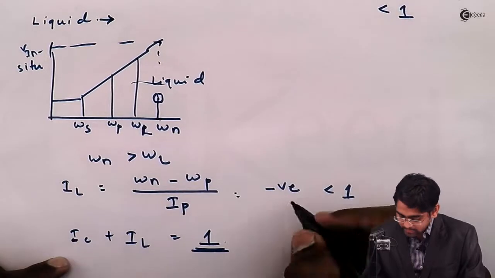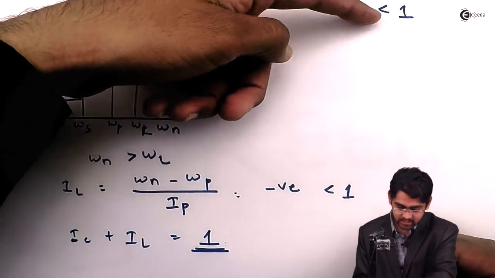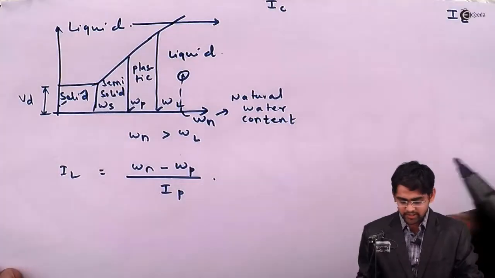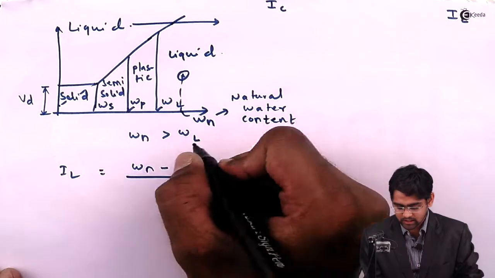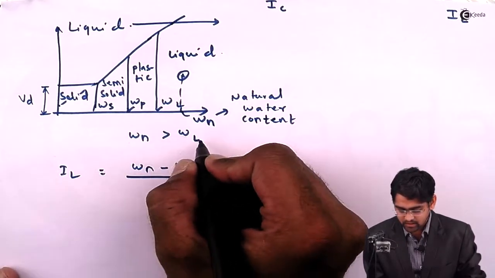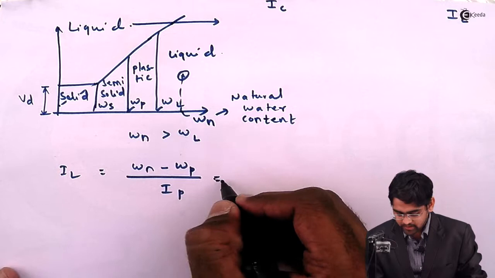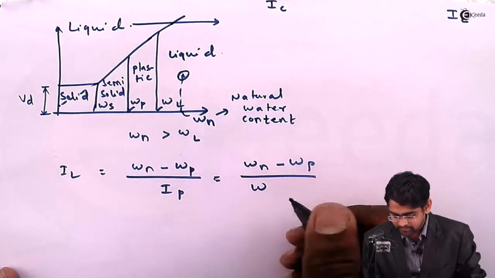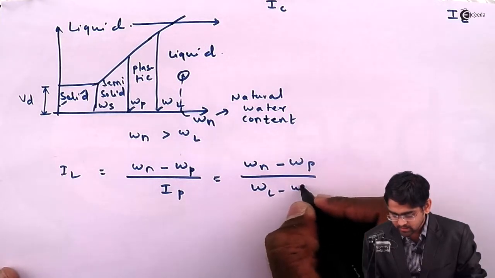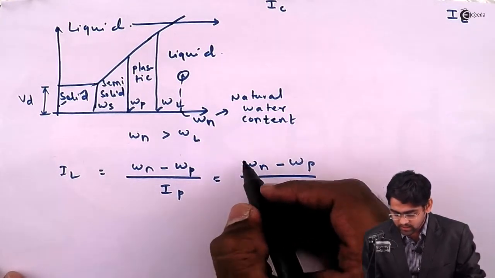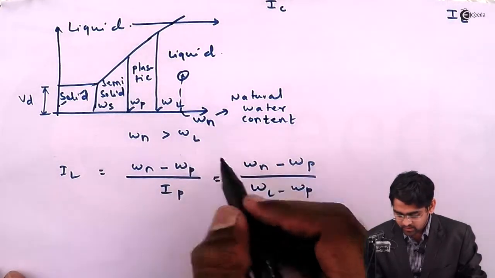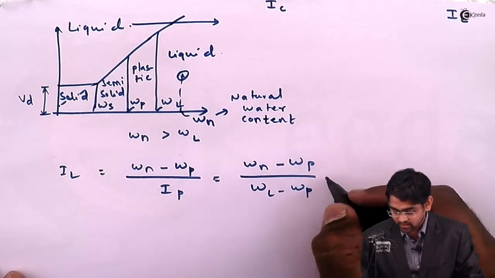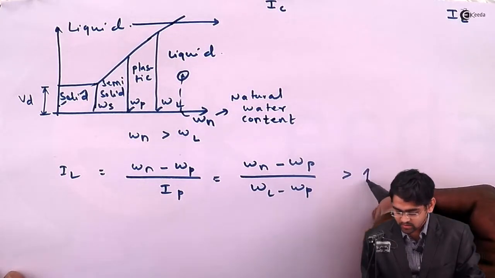So the liquidity index is less than 1, therefore the consistency index has to be, so if you have the natural water content greater than the liquid limit, it becomes natural water content minus plastic limit divided by the liquid limit minus plastic limit. So the natural water content exceeds the liquid limit, which means the numerator is greater than the denominator, so this ratio becomes more than 1.